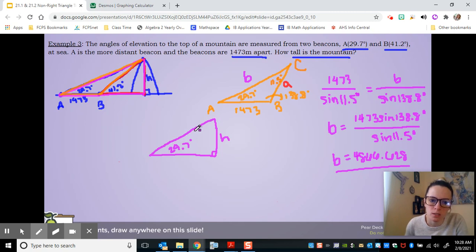I now have this long distance from beacon A to the top of the mountain, which is 4866.628. And again, still looking for my height. So it's set up the exact same way as when we did it with A, with that red triangle. It's just that now we have different numbers, but it's still going to be the same setup.